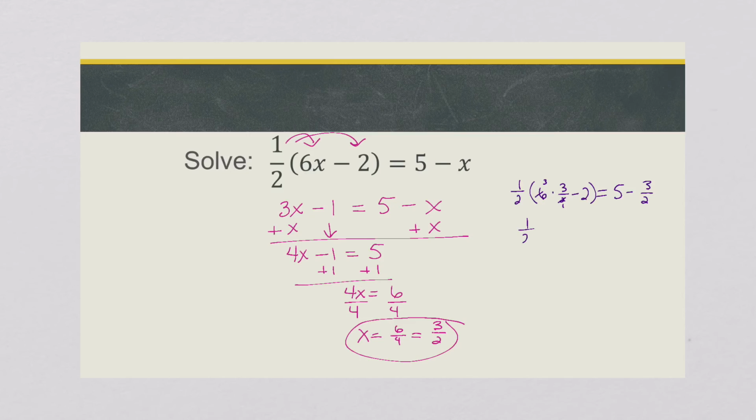I've got 9 minus 2, which is 7. 5 minus 3/2. 5 can also be written as 10 over 2, right? 10 divided by 2 is 5 minus 3/2. So now 1/2 times 7 is 7/2. 10/2 minus 3/2 is 7/2. So I know this is correct.